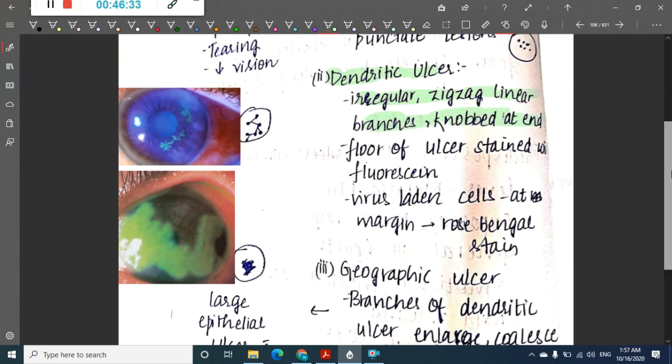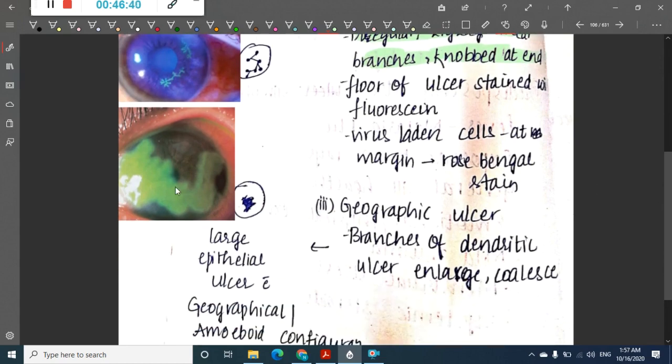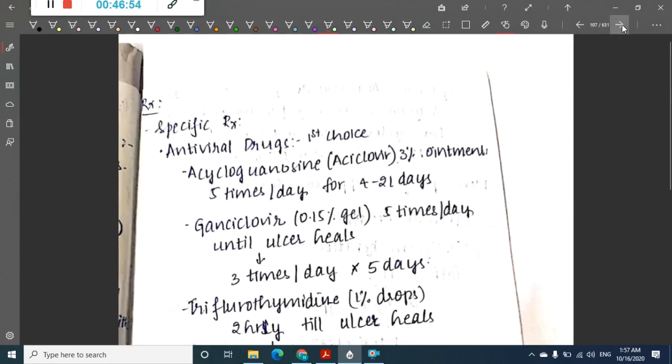Here the floor of the ulcer is stained with fluorescein, whereas virus laden cells are stained with rose bengal stain. See, this is geographical ulcer. Many dendritic ulcers will enlarge and coalesce to form this geographical ulcer or amoeboid configuration ulcer. So these are the three lesions which you see in epithelial keratitis.